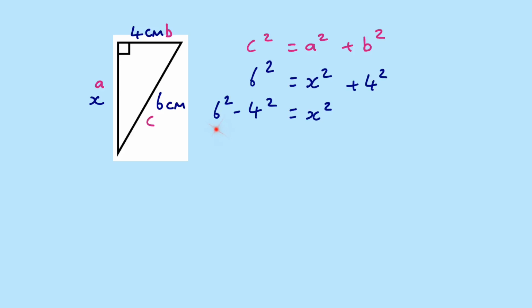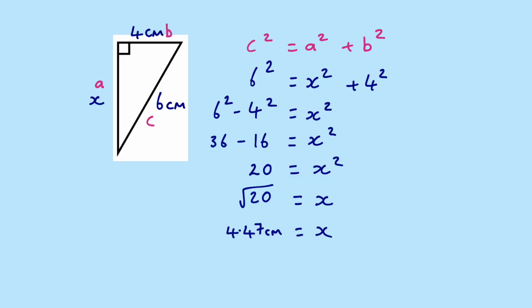So 6 squared, which is 36, minus 4 squared, which is 16, equals x squared. And then that leaves us with 20 equals x squared. Taking the square root of 20 so we can find x. That leaves us with 4.47 centimeters.